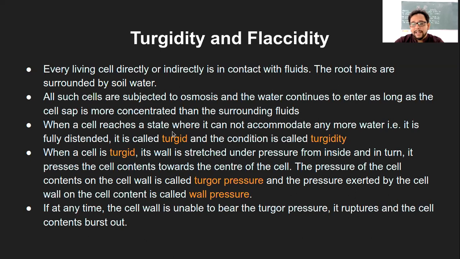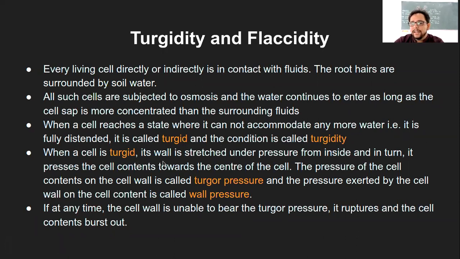Now, when a cell reaches a state where it cannot accommodate any more water, in a general statement, there will be no more place for water to get filled in anymore, right? So when a cell reaches a state where it cannot accommodate any more water, that is, it is fully distended, it is called turgid, and the condition is called turgidity.